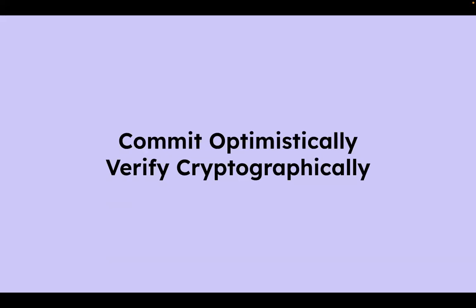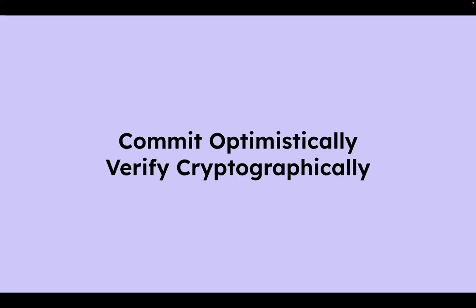So what I think is that almost all layer 2s will commit a batch of transactions and then verify that in the optimistic way, which has game theory with the challenge logic, or verify cryptographically.